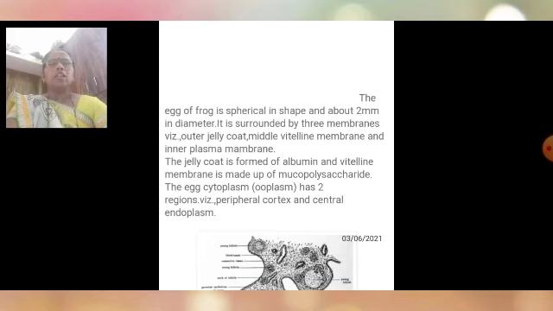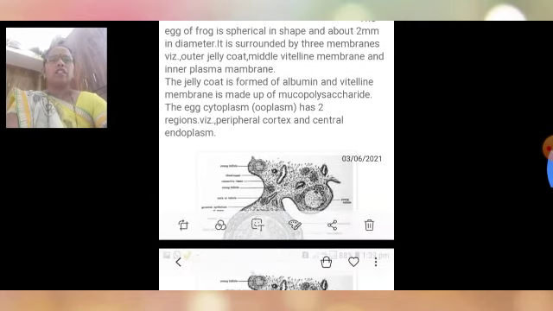The jelly coat is formed of albumin and the vitelline membrane is made up of mucopolysaccharide. The egg's cytoplasm, called ooplasm, has two regions, the peripheral cortex and the central endoplasm.